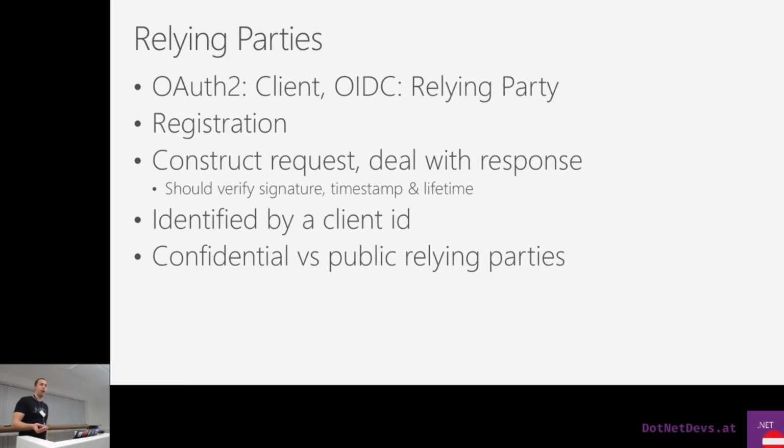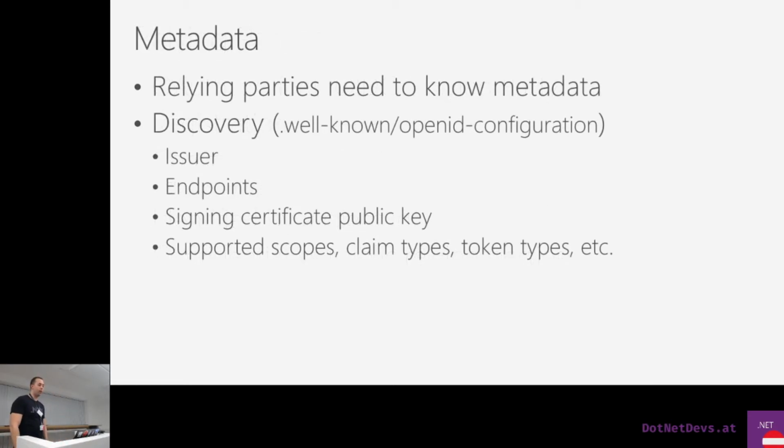But there are public clients which cannot keep secrets, like single-page application websites or even desktop applications, because the user or maybe a malicious party could read the tokens or the values from memory or from disk and access them. So confidential clients are usually what you run on a server, right?